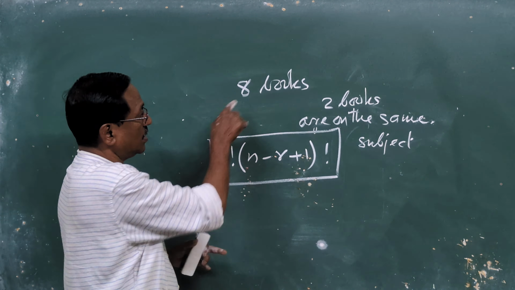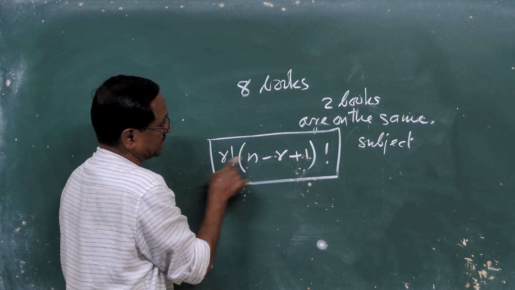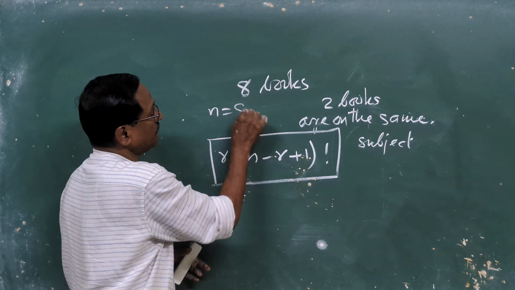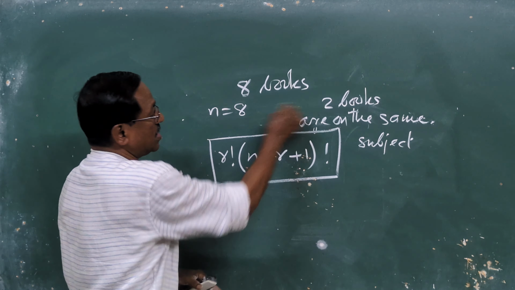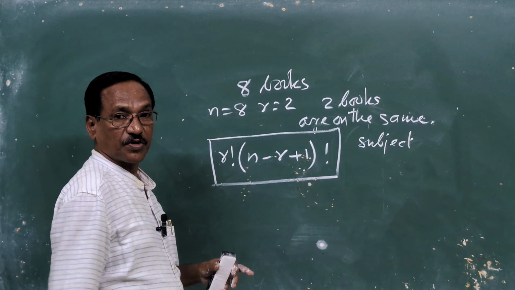Here n means 8, and r, the number of things to be together, is 2.